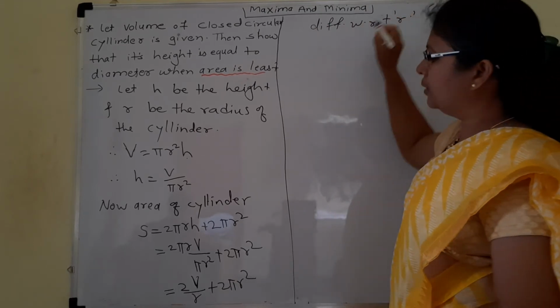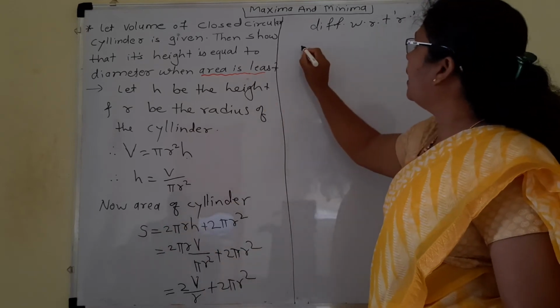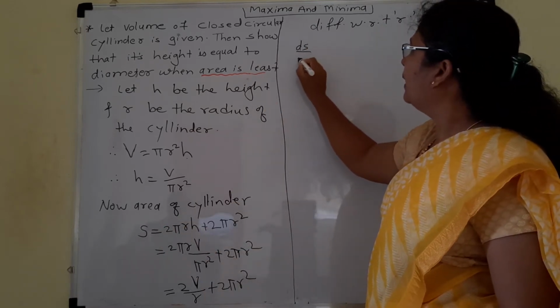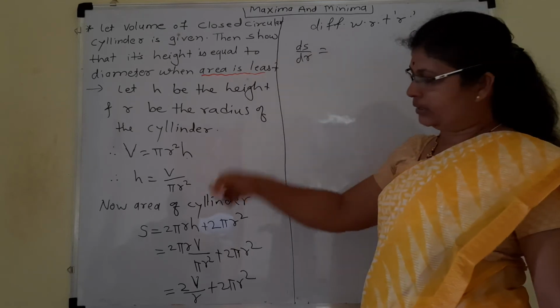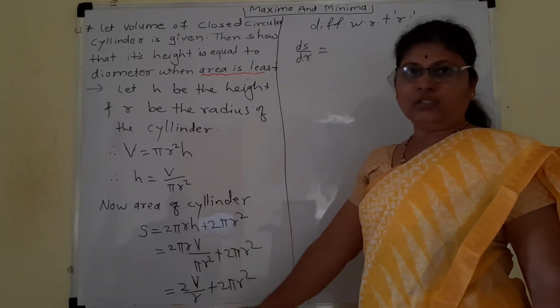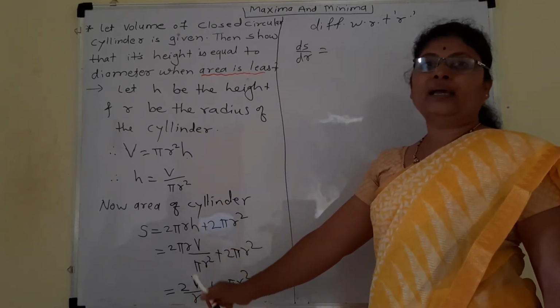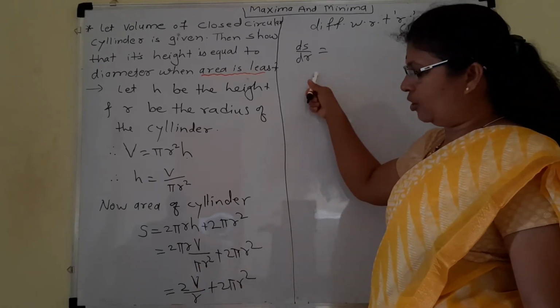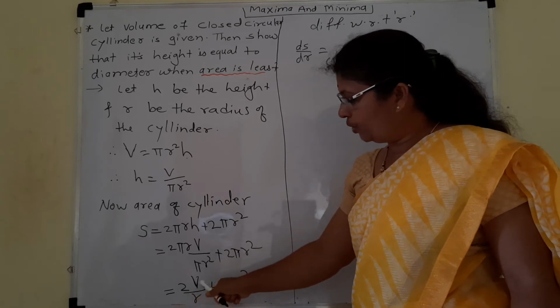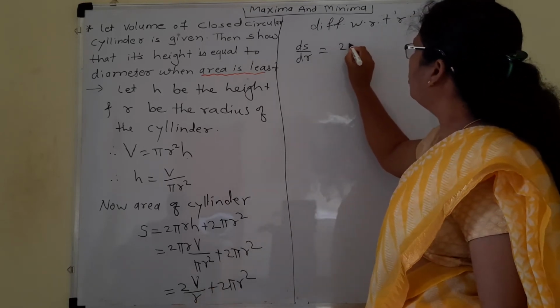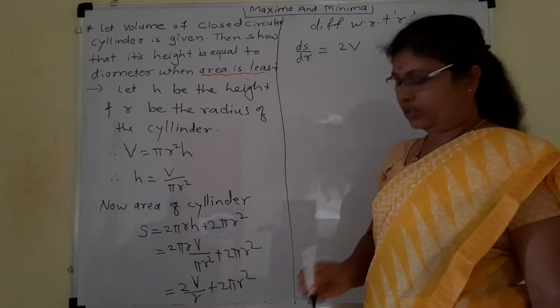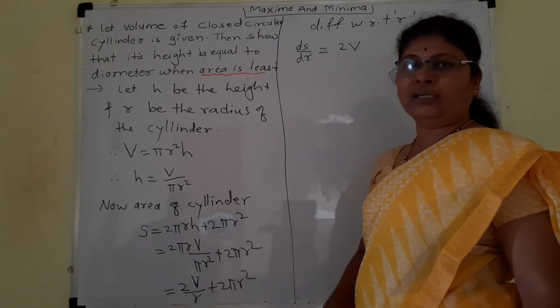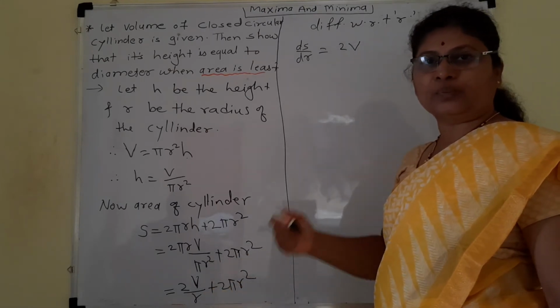So what will happen? ds by dr. Or you may consider this as f of r, because it is a function of r. Okay, so first order derivative. This 2v is constant. 1 upon r: what is the derivative of 1 upon r with respect to r?